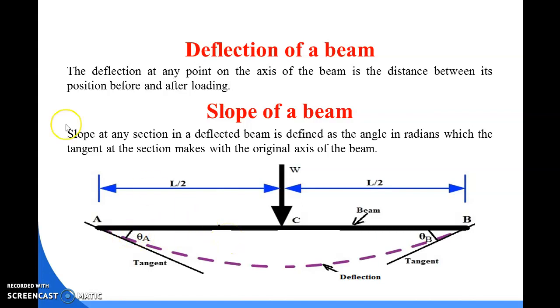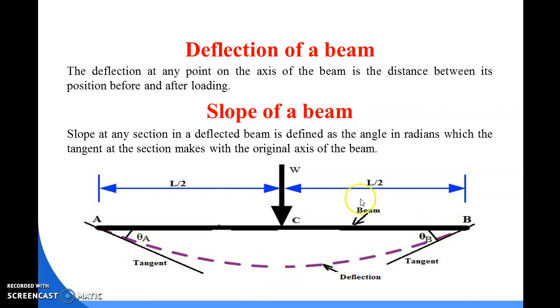So we can say the deflection at any point on the axis of the beam is the distance between its position before and after loading. You can see before loading the beam is horizontal, but after the loading system the deflection of the beam is this much.